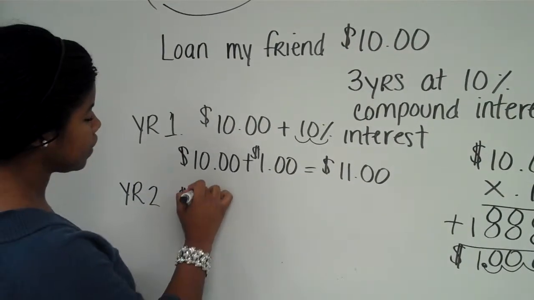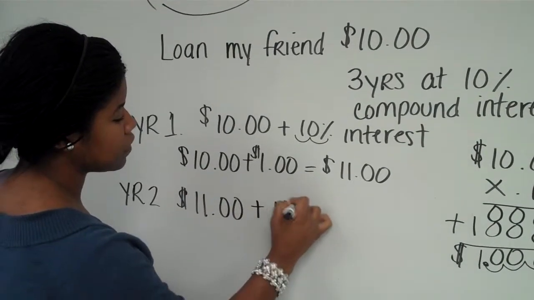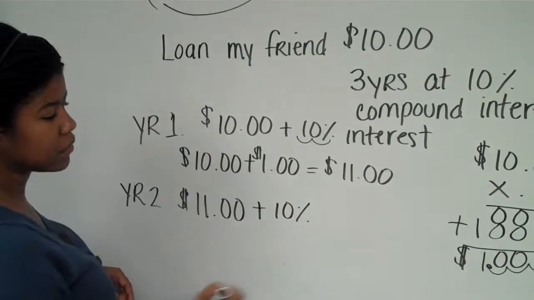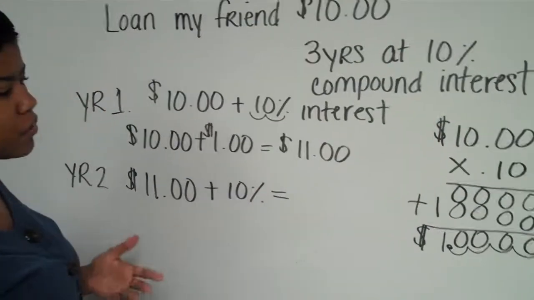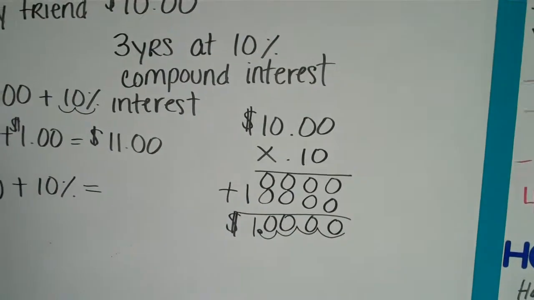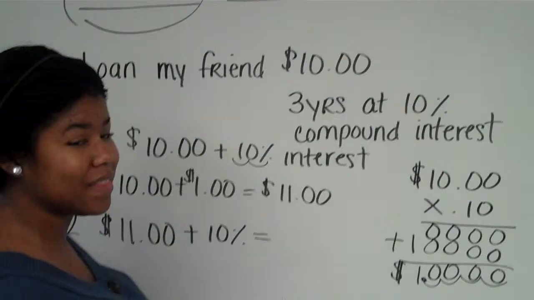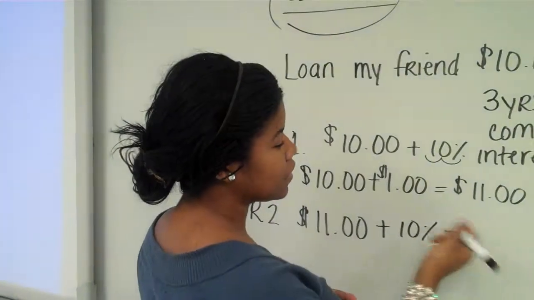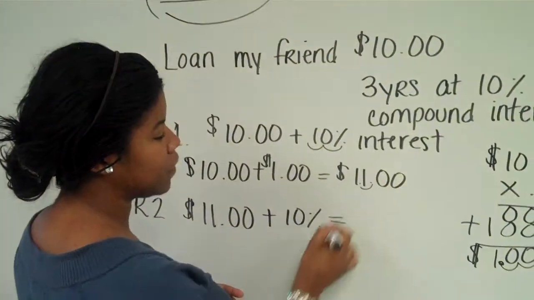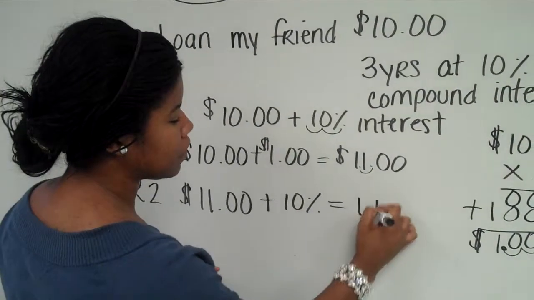So we're going to pay this 10% on $11. That's the new amount. So I'm going to do the shortcut version. We all know how to multiply 10%. Instead of doing 10% of 10, I'm going to do 10% of 11. Shortcut would be anytime you're multiplying anything times 10%, it's as easy as moving that decimal back 1 decimal place. So 10% of $11 is $1.10.